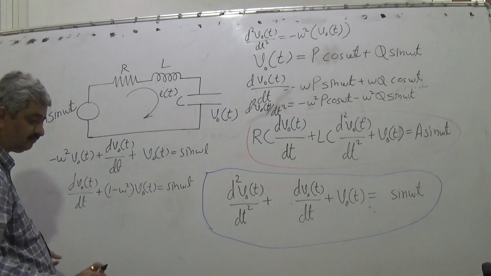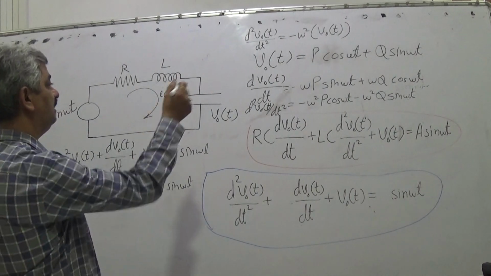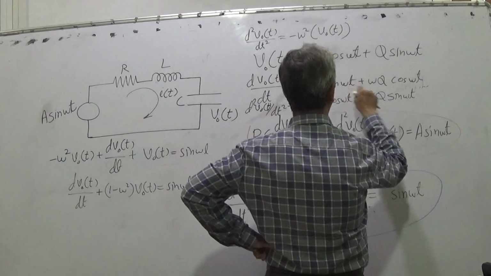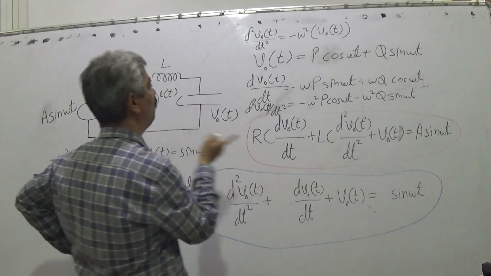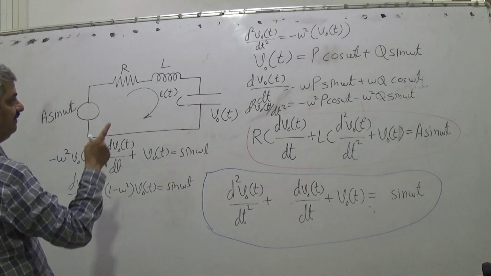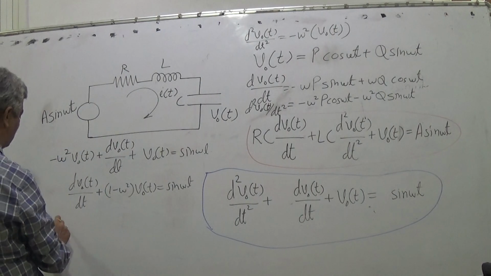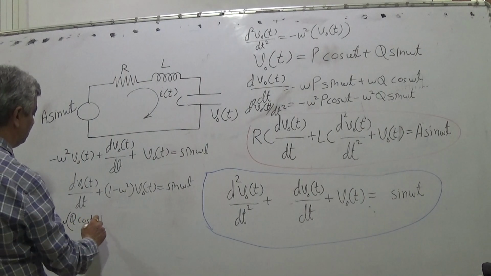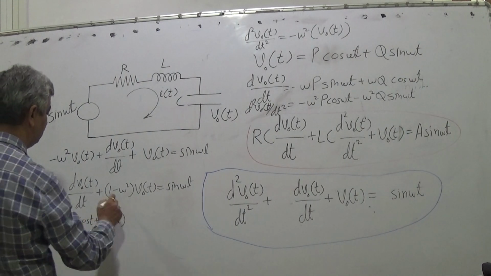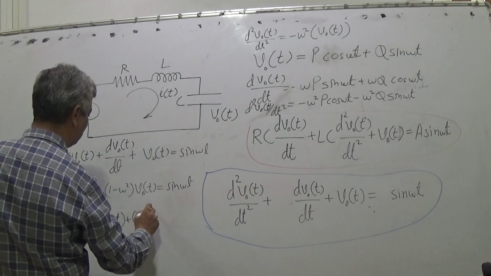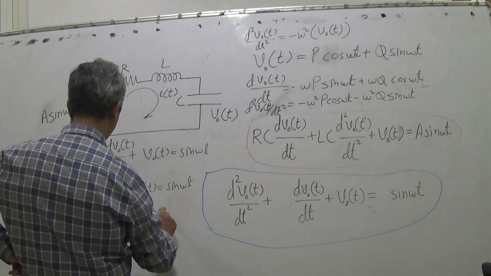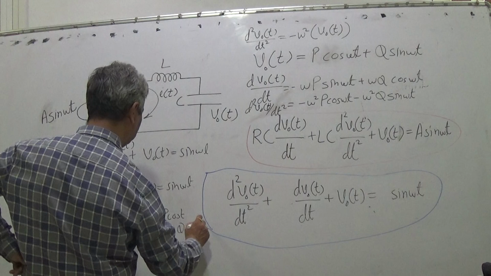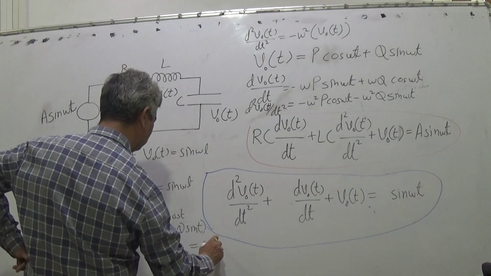Then what is dVOT by dt? If I bring minus omega outside, it is q cos t plus p sin t, plus 1 minus omega square into bracket VOT, which is p cos t plus q sin t, that is equal to sin omega t.